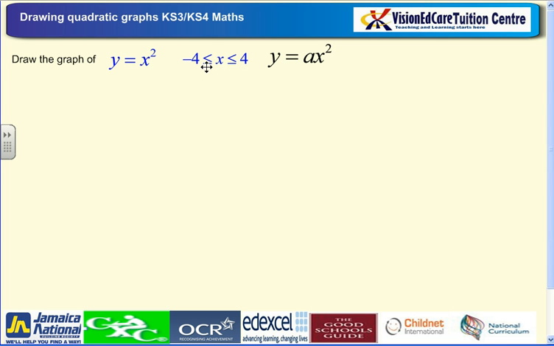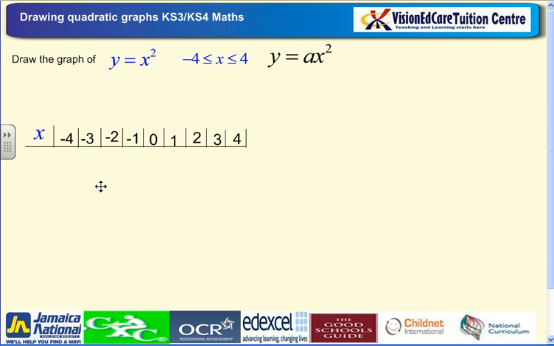In drawing this graph, you could design a table to work out the y values, and in this case I've provided a table. So all the values of x between minus 4 and positive 4 are in the table here, and all we have to do now is to work out their corresponding y values.